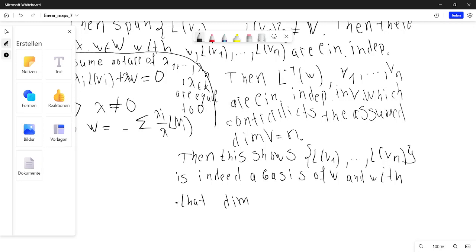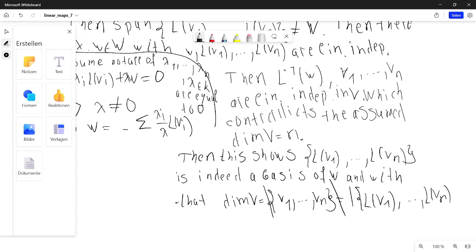Dimension of V is equal to the number of elements in a basis of V, is now just equal to the number, right? This is the number of elements in a set is equal to the number of elements in the set L of V1, L of Vn, which is equal, since we have established that it is a basis, to dimension of W.